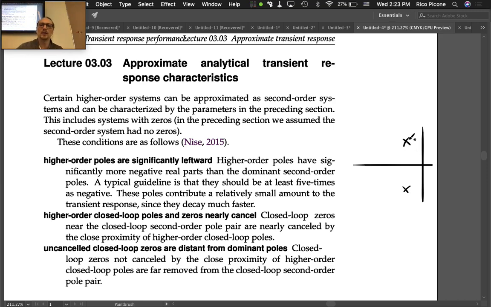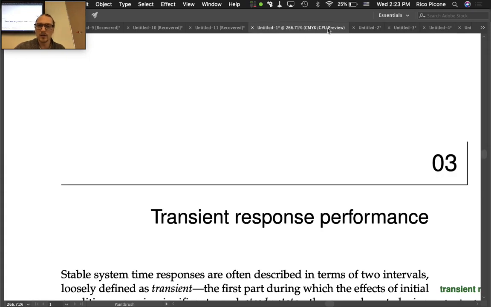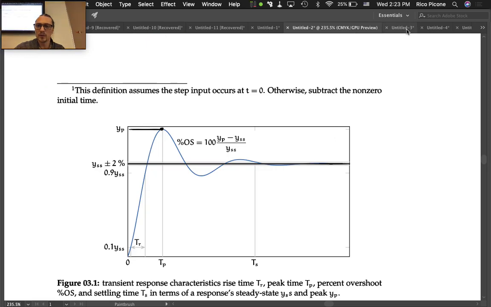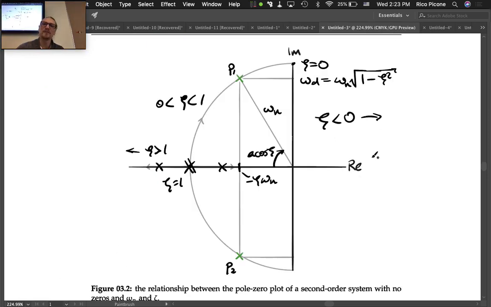If you go back to lecture 3.2, we had this geometric representation of a second order system with a complex conjugate pole pair, or overdamped as well.